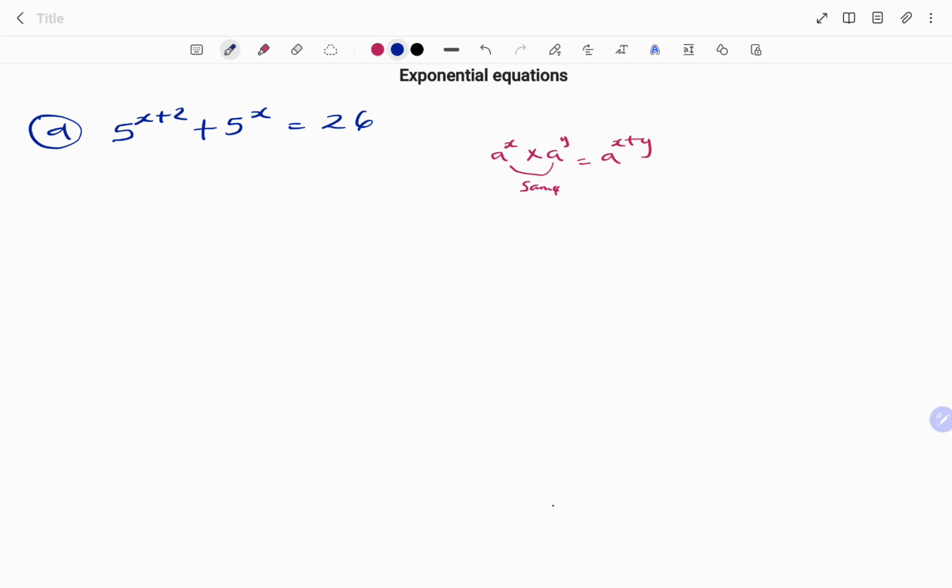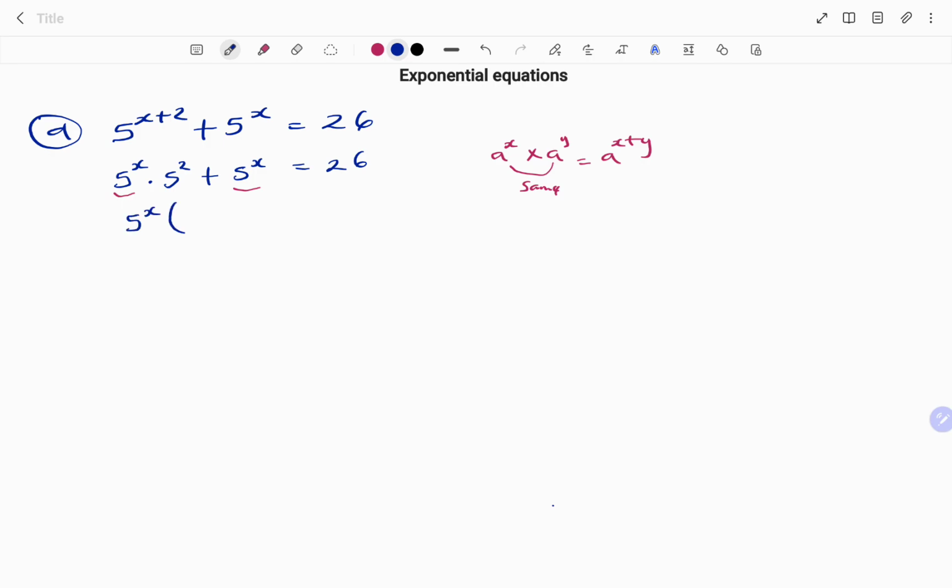So expanding each of these exponents, 5 to the power of x plus 2 in expanded form is the same as 5 to the power of x times 5 to the power of 2, plus 5 to the power of x equals 26. If you notice, I have 5 to the power of x common to both terms, so I'm going to factorize 5 to the power of x.